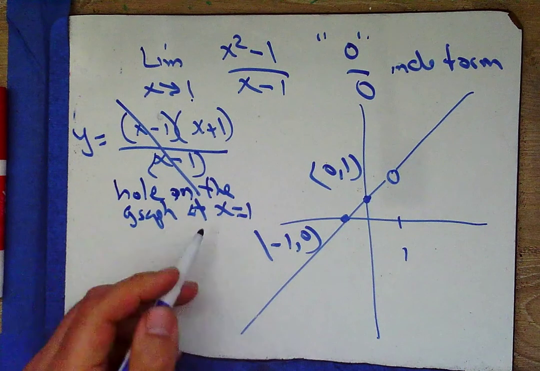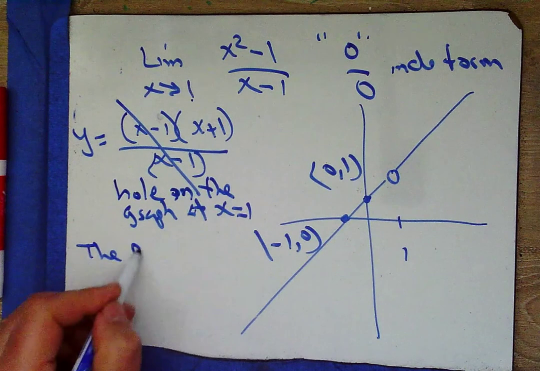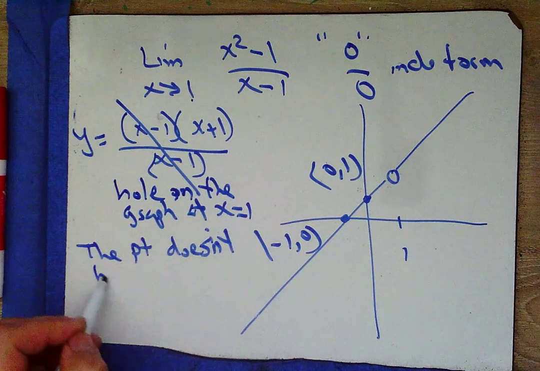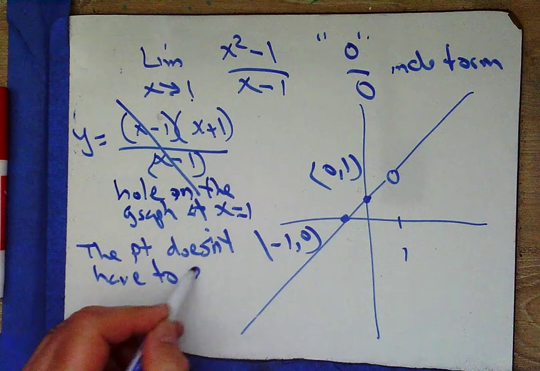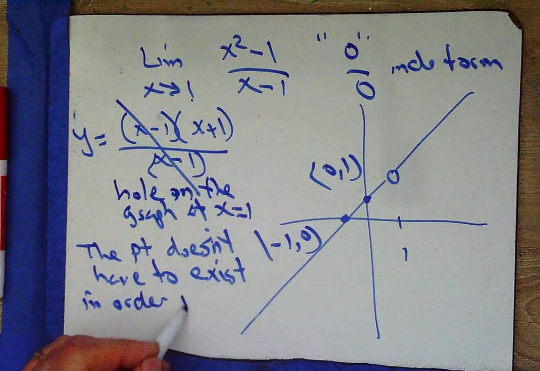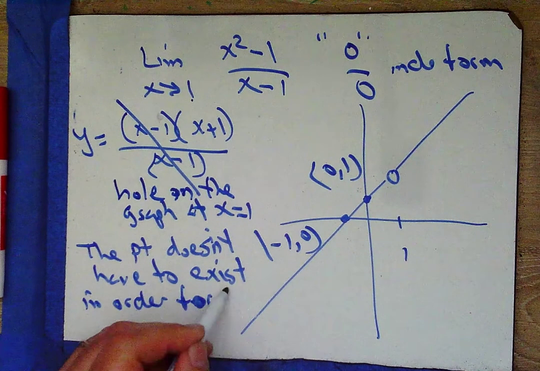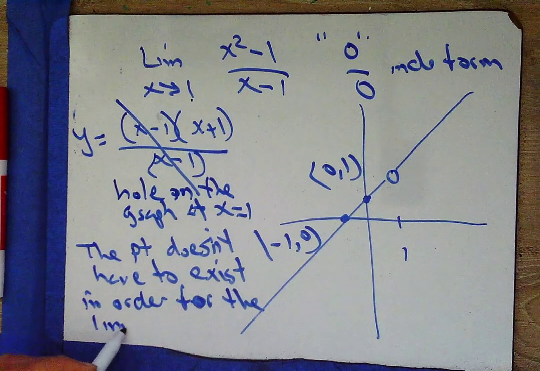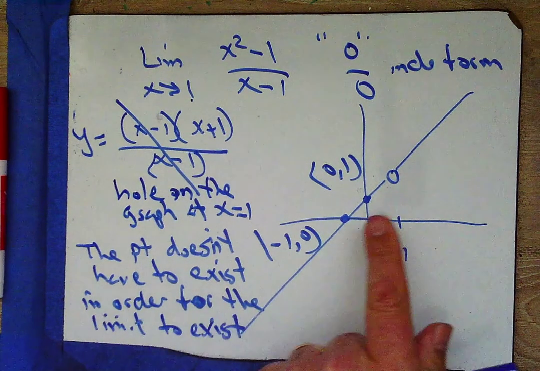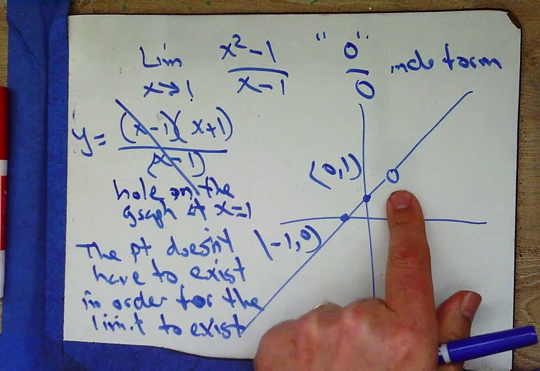So here's an interesting point. The point doesn't have to exist in order for the limit to exist. See, there's no point here.